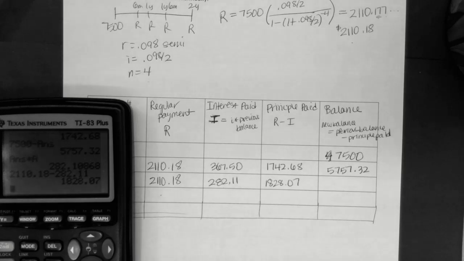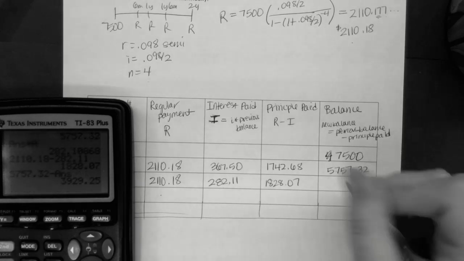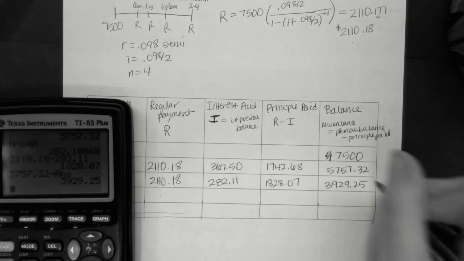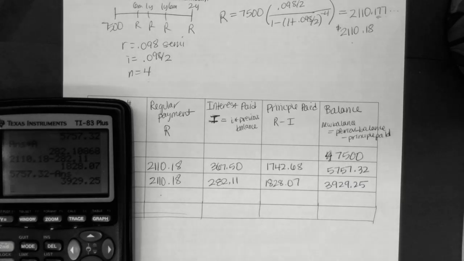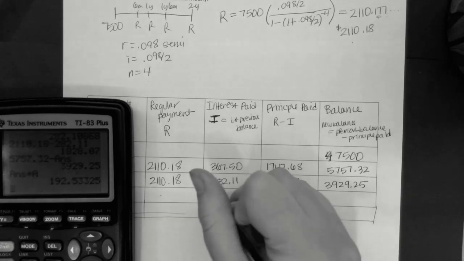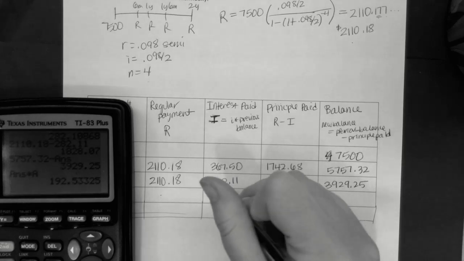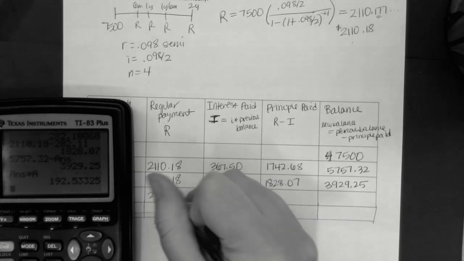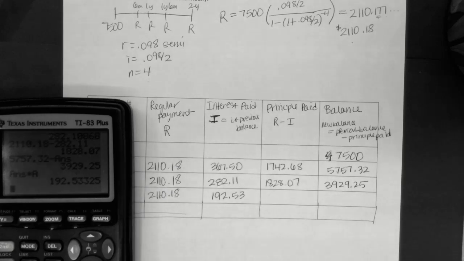Okay, and then I'm going to take that answer and I'm going to subtract it from 5,757.32. So $3,929.25. Okay. So we're going to take that $3,929.25 and multiply it by A. So we get $192.53. Our payment is still the same R, so $2,110.18.